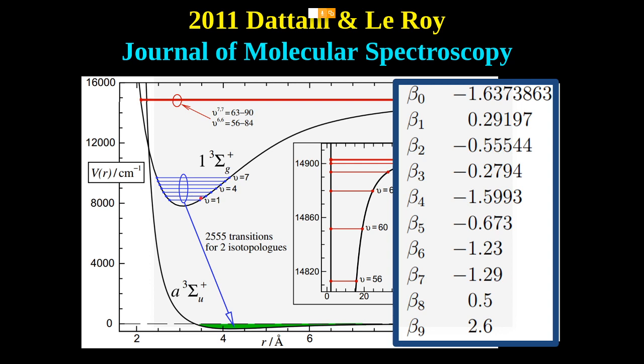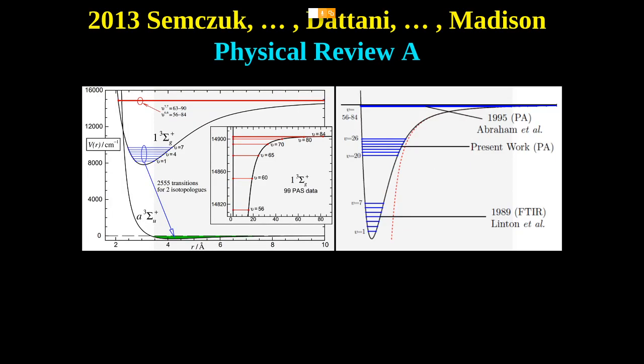And we didn't even know at the time what was going to happen, but we published this paper in 2011. It took from 2007 to 2011, 4 years to publish that paper. And during that time, or slightly later, there was an experimental group at the University of British Columbia that wanted to do experiments on this molecule. And in 2013, those experiments became successful, and I was a co-author along with Mariusz Semchuk and Kirk Madison.